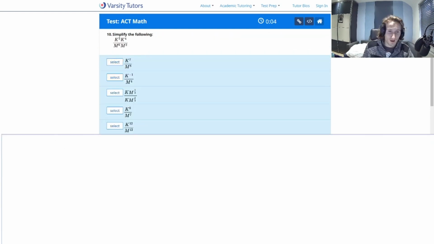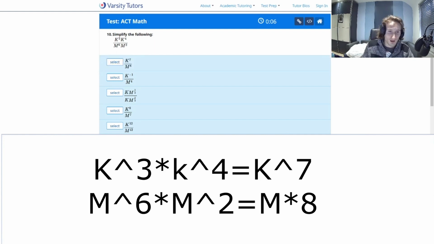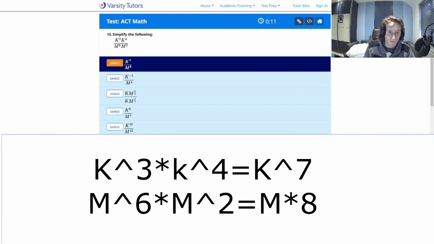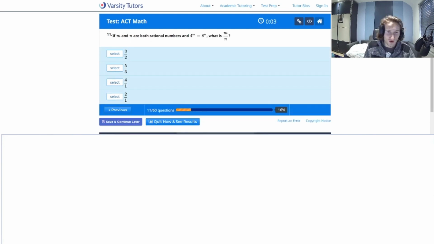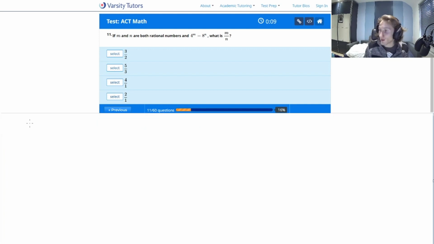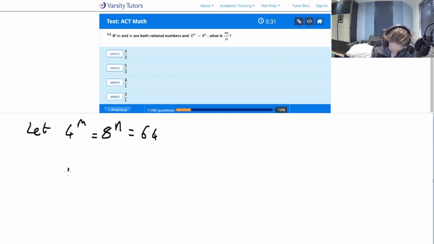Alright, simplify this. That's really easy. It's going to be k to the 7 and m to the 8. If both m and n are rational, show that... Oh yeah, I remember this question we got asked in our exam actually. 4 to the power of m is the same as 2 to the power of 2m.